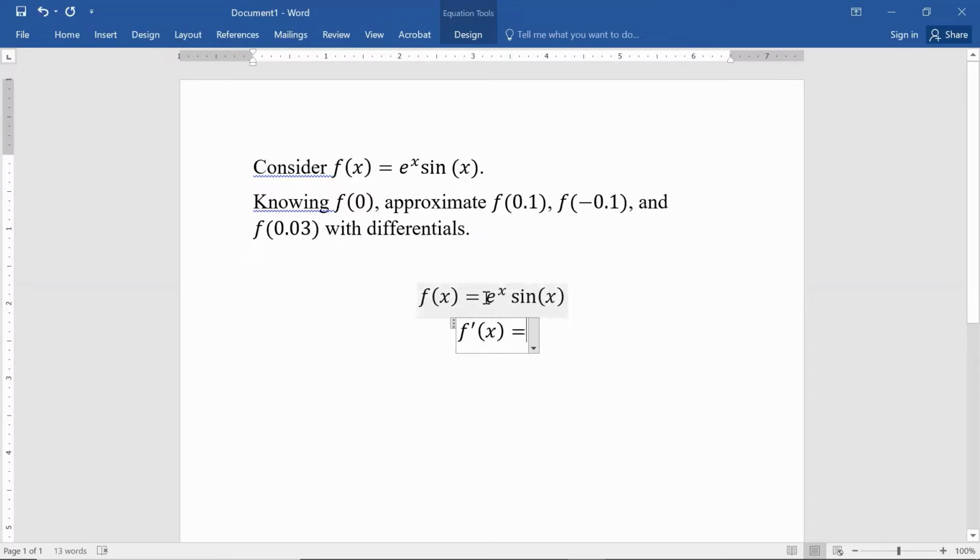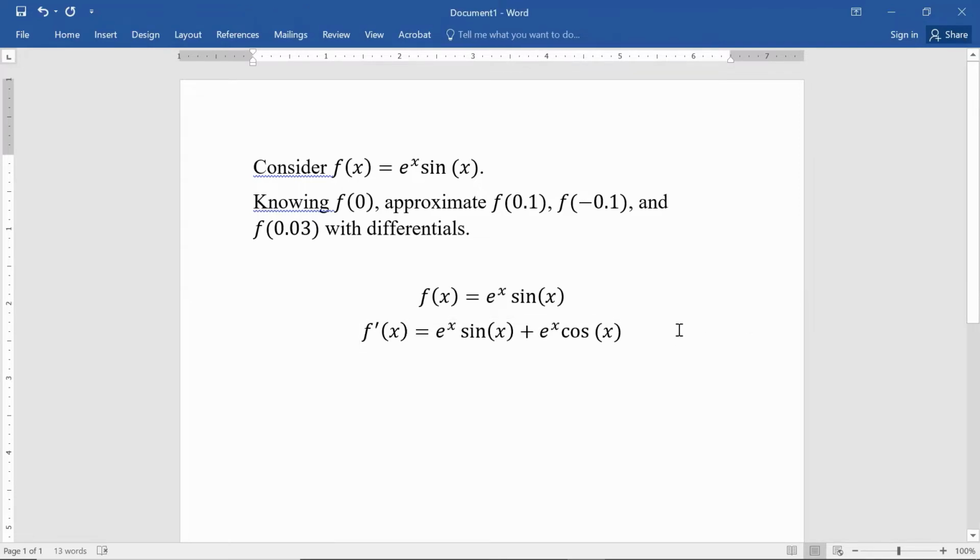If you remember, the product rule says we take the derivative of the first part, derivative of e to the x is e to the x, multiplied times the normal second part, plus the normal first part, which again is e to the x, times the derivative of the second part. The derivative of sine of x is cosine of x. So here is our function, and here is our function's derivative.